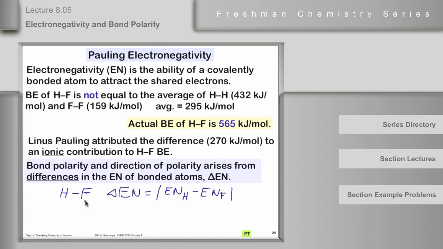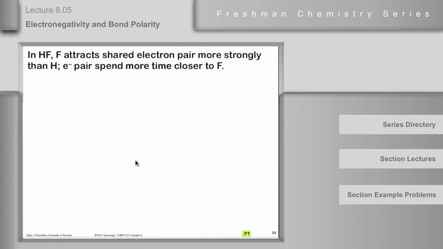Okay, so Pauling thought a lot about this, and some of his extensive work is surviving in our study of chemistry today. And what Pauling found was that fluorine, because of other measurements and observations that he made, clearly attracts the shared electron pair more strongly than hydrogen.